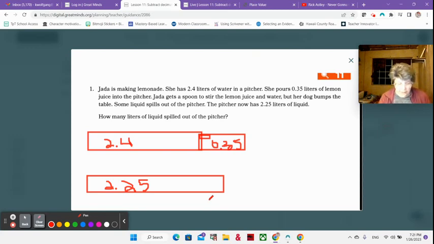All right, well, when you add these two together, you hopefully got 2 and 75 hundredths liquid, right? Okay, so what do we need to do next? We need to subtract what is left so we can see what was missing, right?